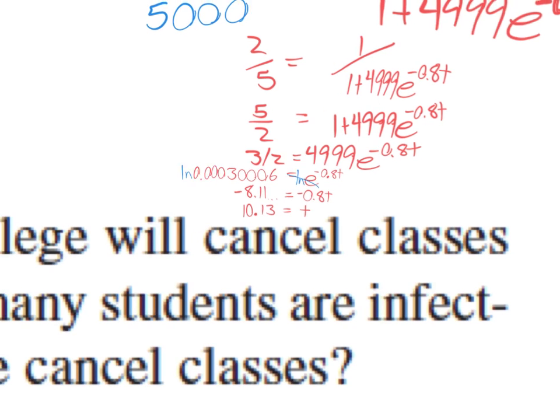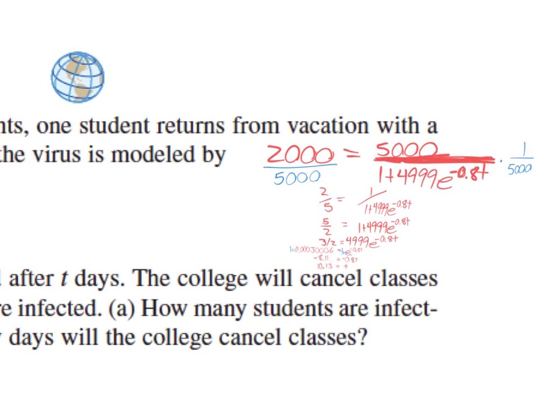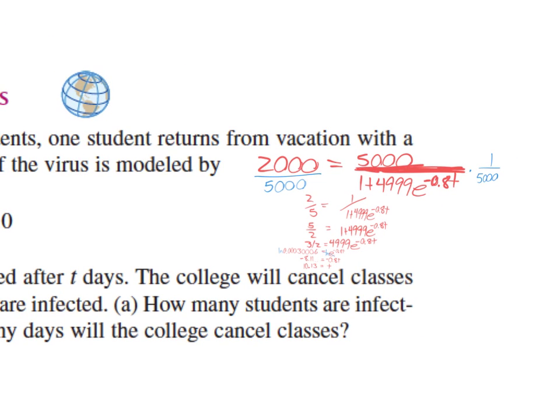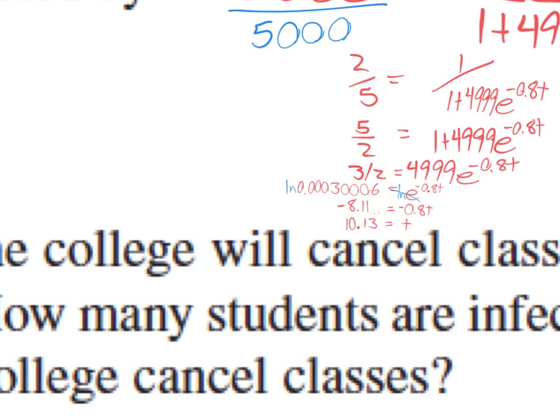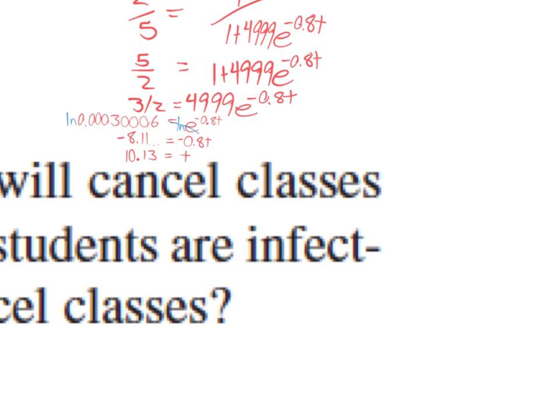Kind of an interesting idea, but all right, so at some point, maybe the 11th day of this thing going through campus, oh wow, that's real small. All right, so somewhere around the 11th day, day 11 will be canceled.